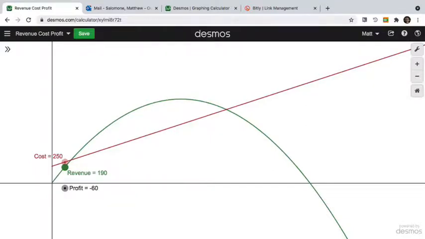So if I increase my production from right there, it looks like our profit is still negative, but not as bad as it used to be, right? If I continue to drag this point a little bit further, we can find places where my profit is positive. In this situation, it looks like we're making $300,000 in profit, so this looks pretty good. And of course, if I keep going, eventually that flips upside down again, and cost exceeds revenue.